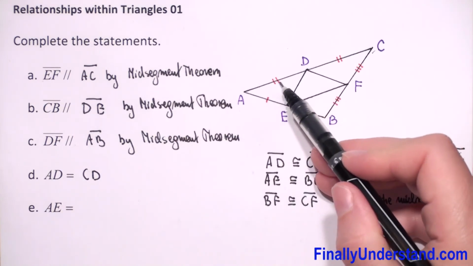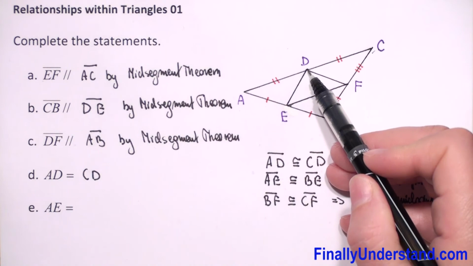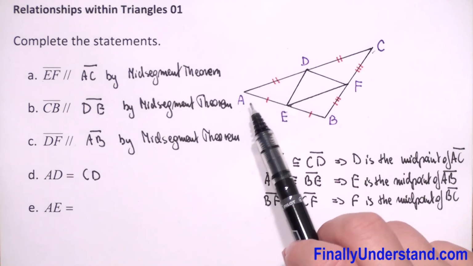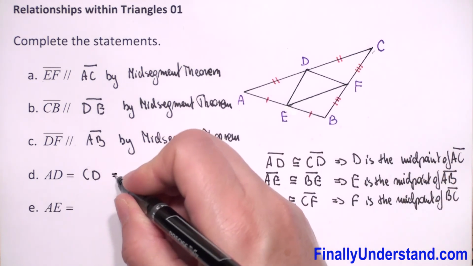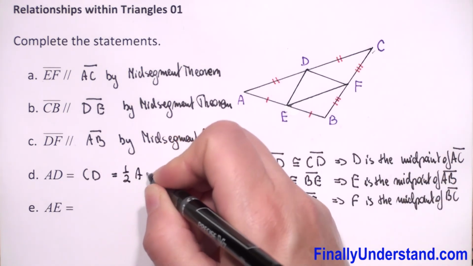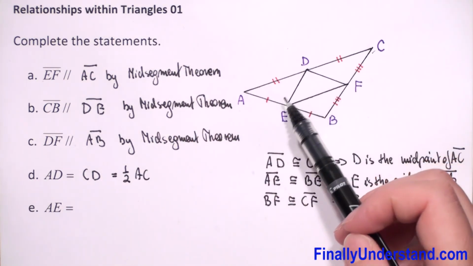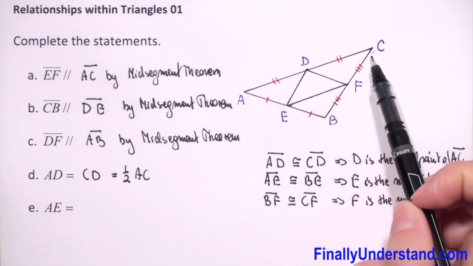Because we have these 2 marks, it means that AD segment is congruent to CD segment. What else can we say? That AD is 1/2 of AC, we can write. Because AD is congruent to CD, AD is 1/2 of AC.